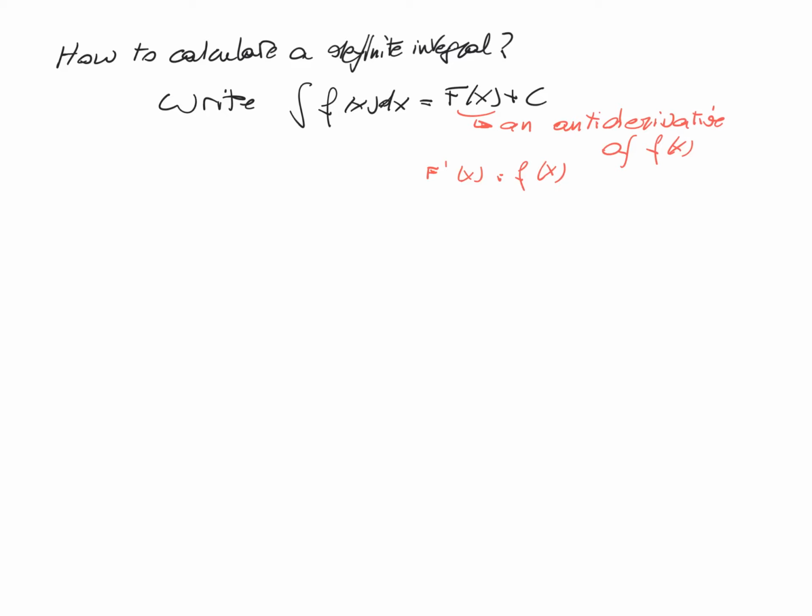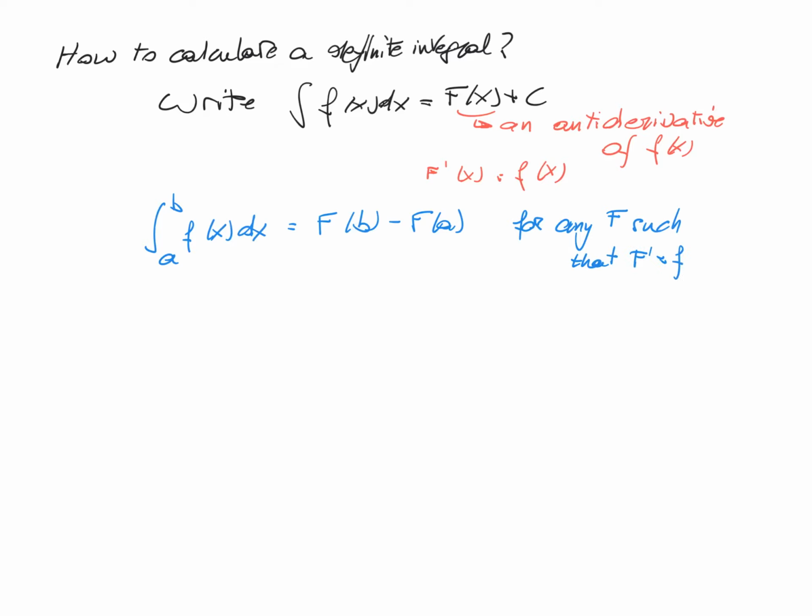In that case, we can calculate the definite integral of f of x dx between the boundaries a and b as the antiderivative in b minus the antiderivative in a, for any antiderivative. So it doesn't matter which antiderivative we take, for any capital F such that the derivative of capital F is equal to small f.